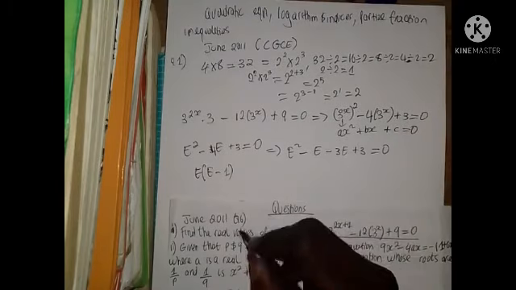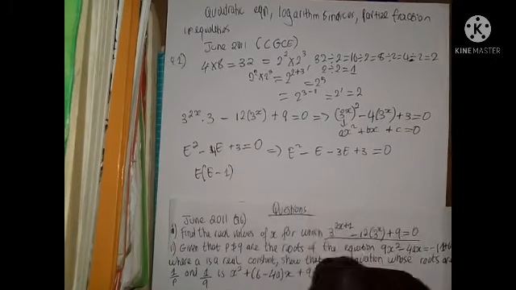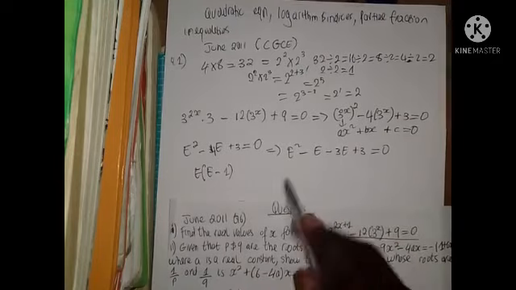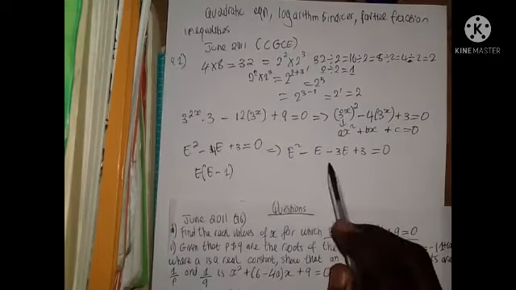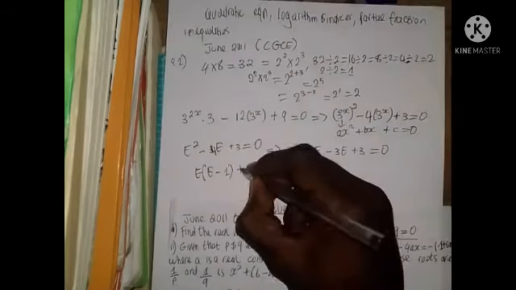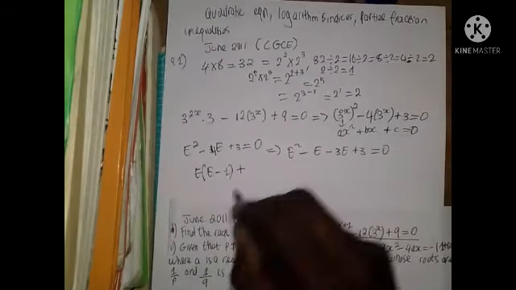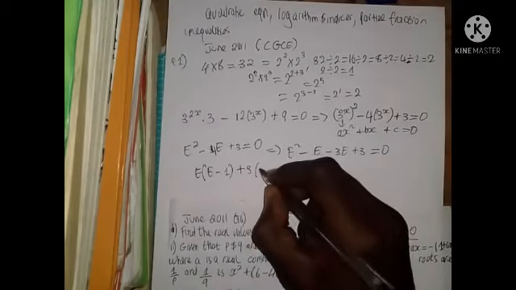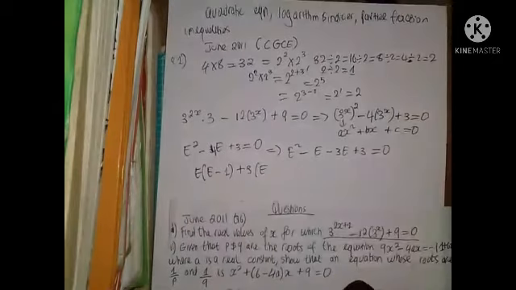Now 3 is common here, but if you put the 3 here, plus 3 into e, see a problem?